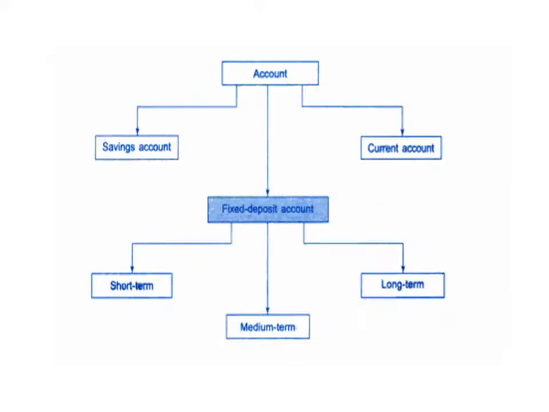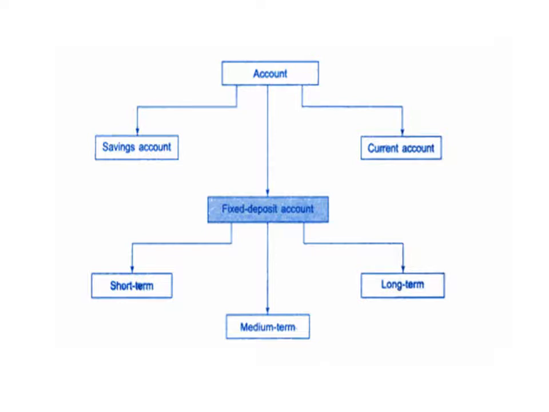One more example is the account application. In banking applications, again we'll go for hierarchical inheritance. An account holder will have some common properties, and those data can be replicated in the savings account as well as the current account or a fixed deposit account.